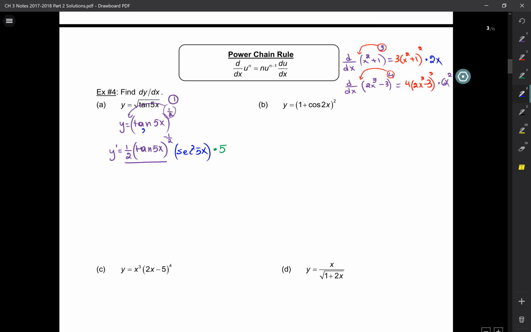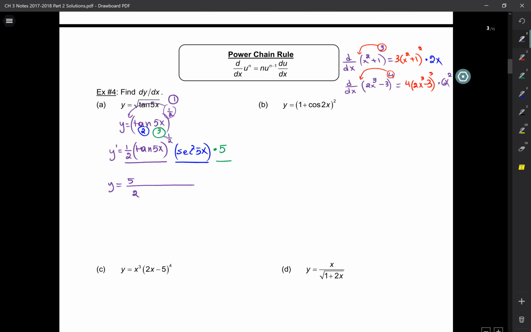Next, we had to take care of the tangent here. The derivative of tangent is secant squared of the mess. Next, we now have to take a derivative of the very inside, which is that. So this will be 5/2.